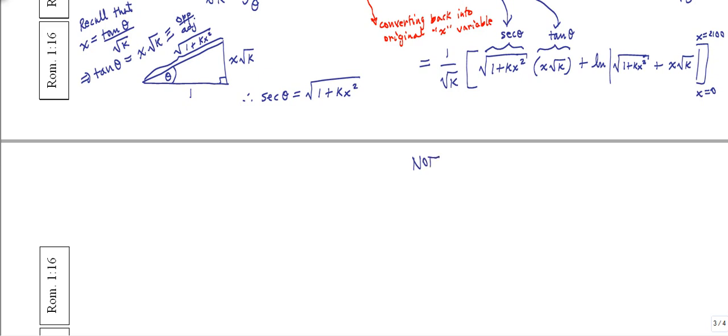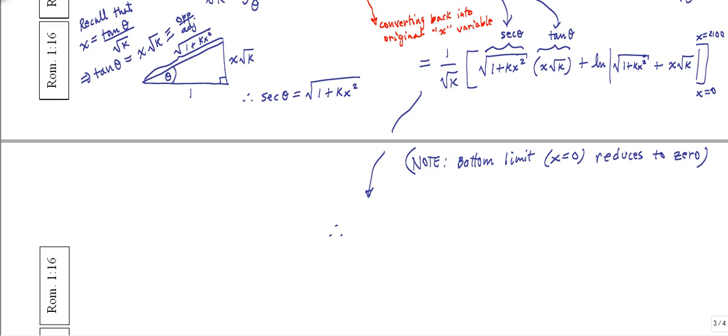Note, at the bottom limit where x is 0, the expression reduces to 0 when you plug x equals 0. So all we really need to concern ourselves with is the top limit. So let's kind of wrap this up here.